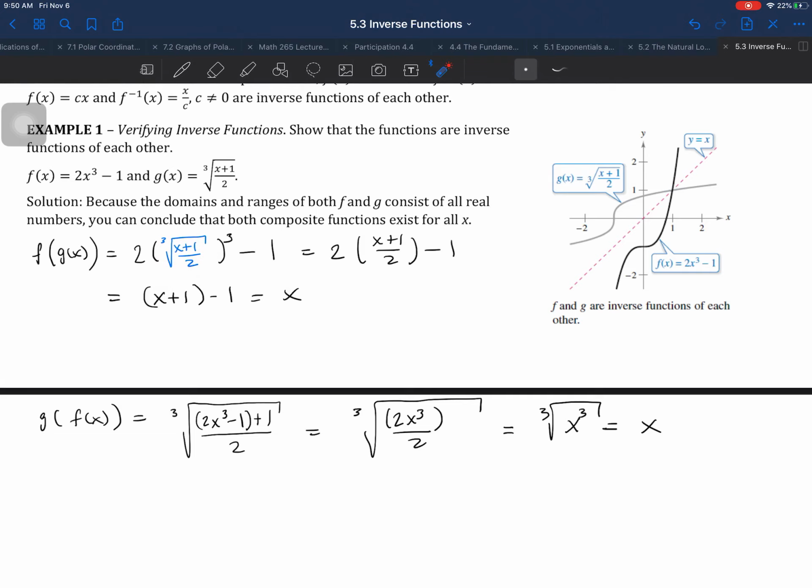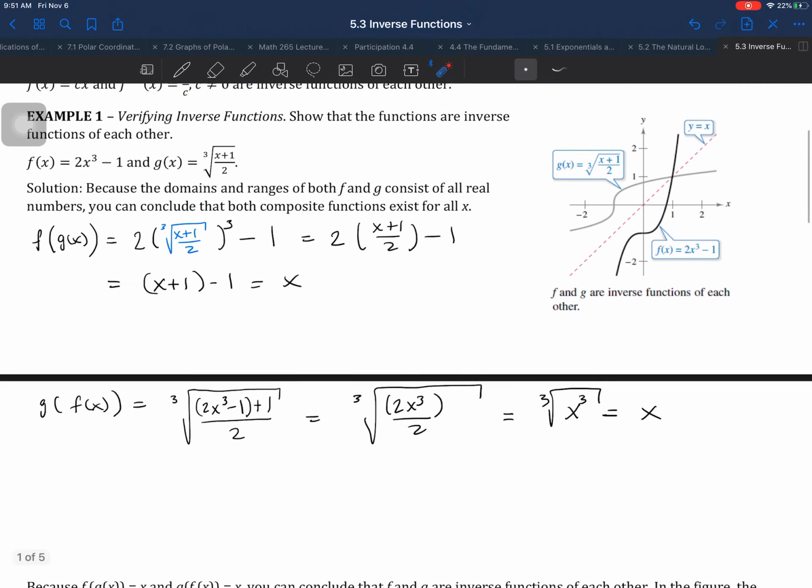And then I'm going to go ahead and simplify it. Well, first of all, the cube root and the cube power are going to undo each other, followed by x plus 1 over 2 times 2. Well, these 2's are going to undo each other, and now we're left with x plus 1 minus 1, and we can see that plus 1 and minus 1 will undo each other, so we get back to x.